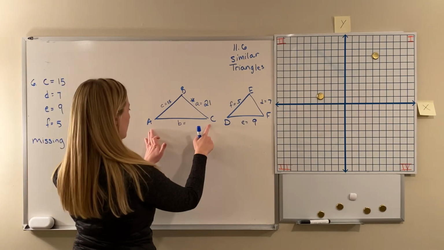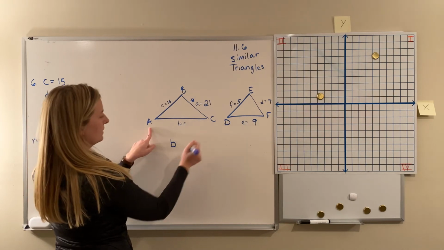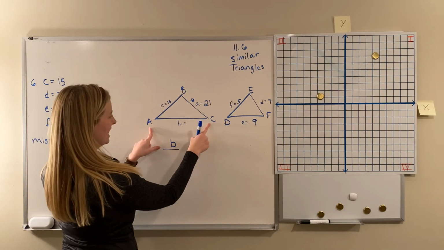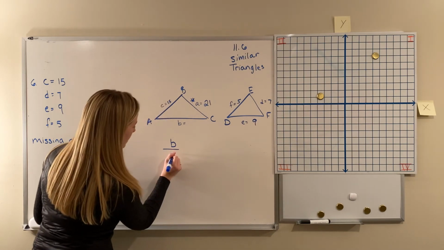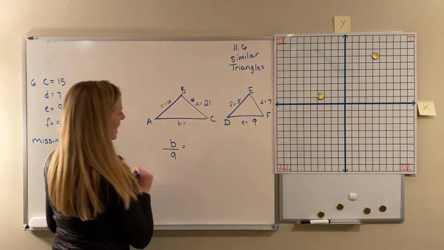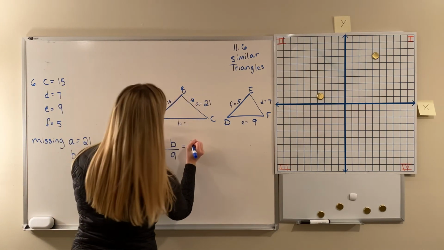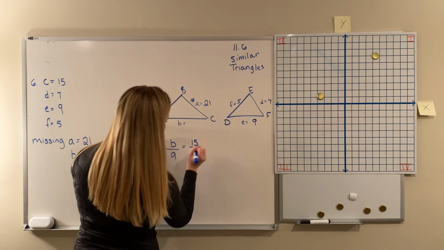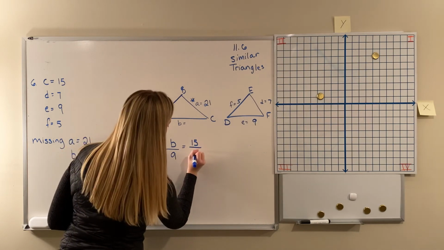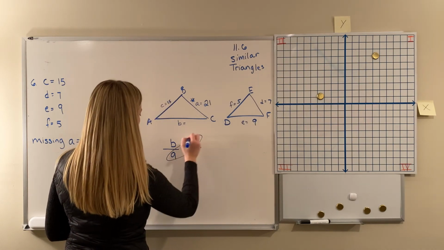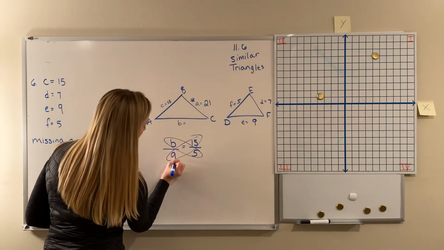So for b, it is measured from AC. What is my corresponding piece to AC? It's DF. DF measures as 9. I need to pull my information that I already have. I know that AB is 15. And then I'm going to pull back from over here again. I know DE is 5. I'm going to do cross products. And again, this is a 9. Not an a. 9.